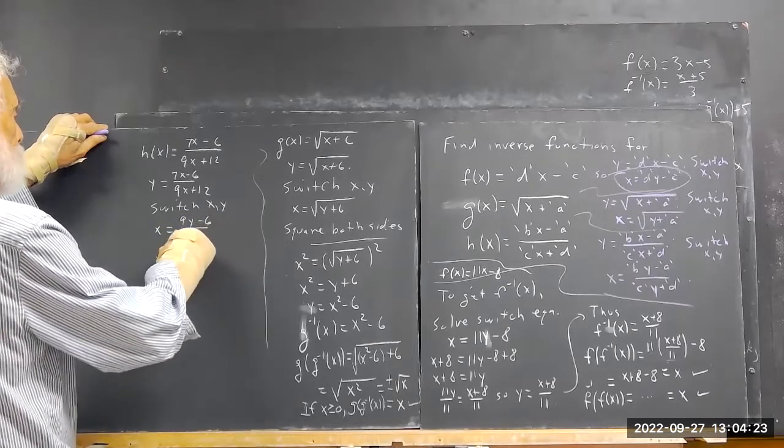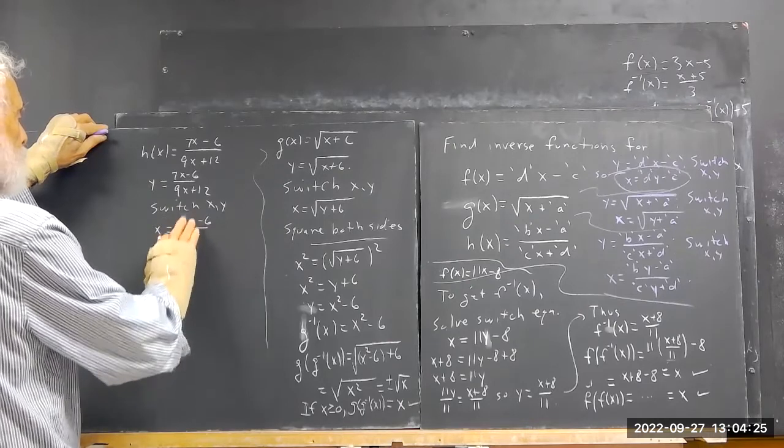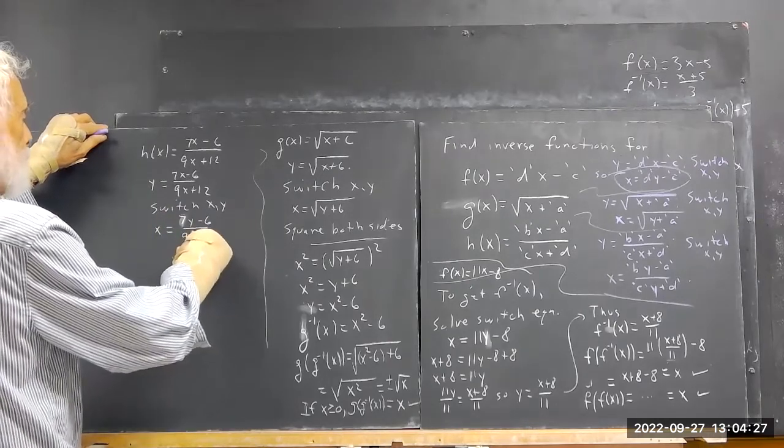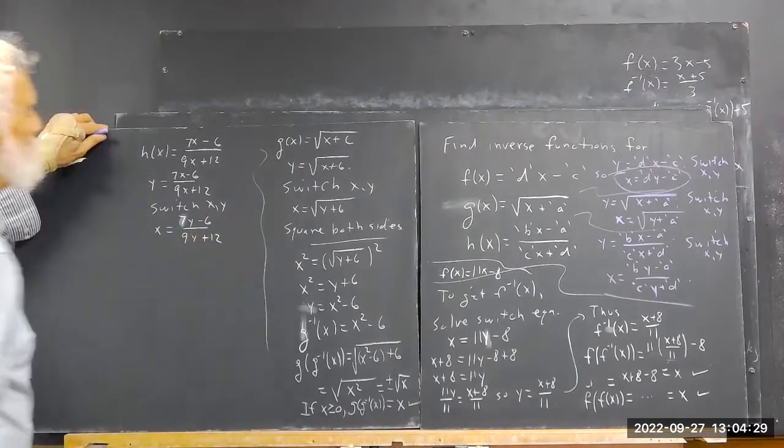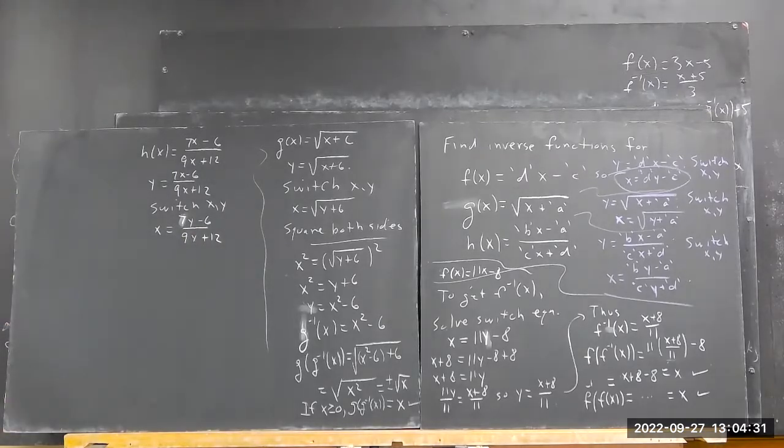This is a little harder to solve for y. That's a 7, not a 9. Okay. Now, first reflex, you've got a denominator. You multiply both sides by the denominator.